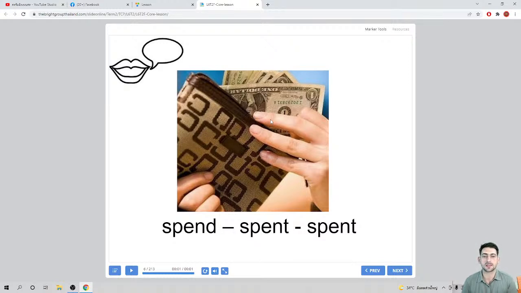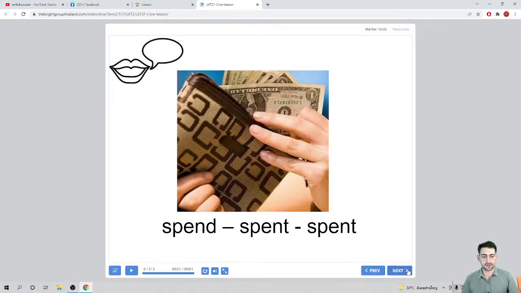And we have the past participle of the verb to spend, which is also spent. So spend is a regular verb. It means that the past simple and the past participle are the same. They both finish in T. So one more time. Spend, spent, spent.